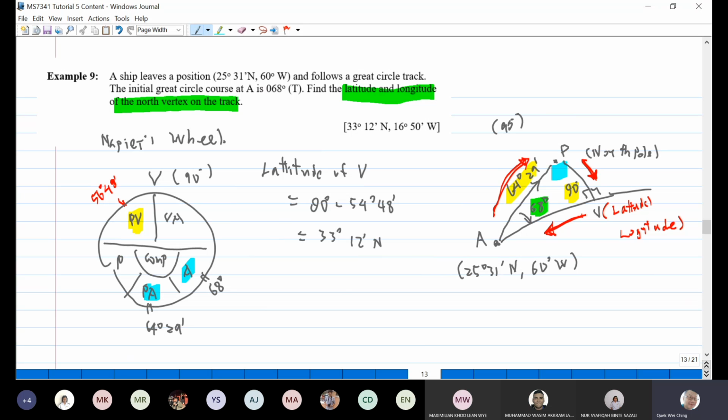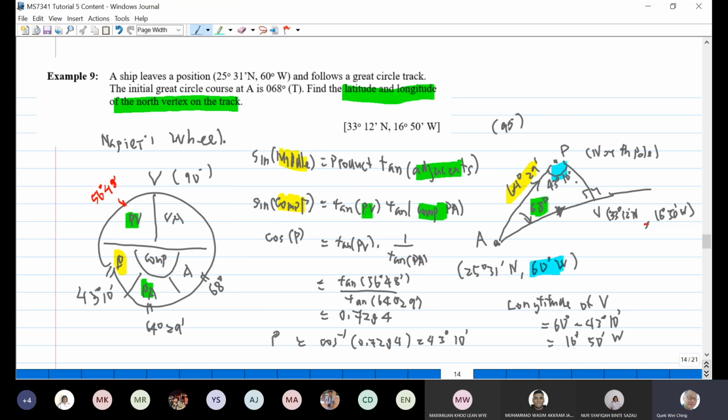Then I want longitude, so I want to find angle P. Find the angle P, you find that this is 43 degrees 10 minutes by using the product of sine, equal to the product of tangent of adjacent. So once you know P already, you know how the ship moves to the east side.